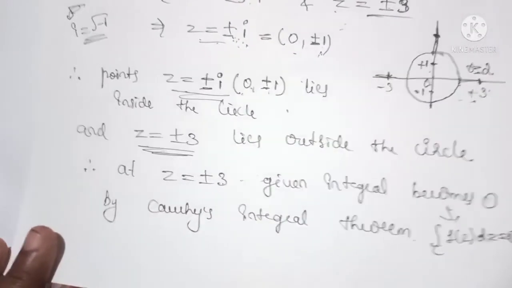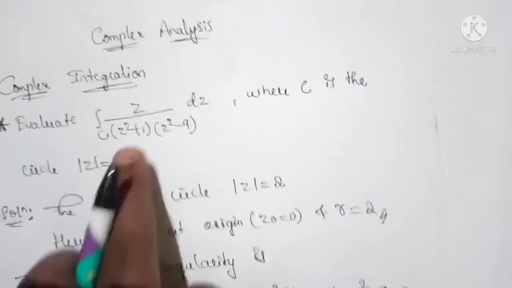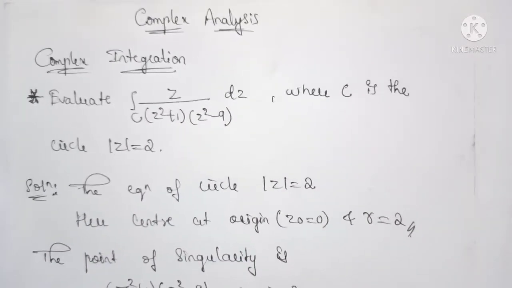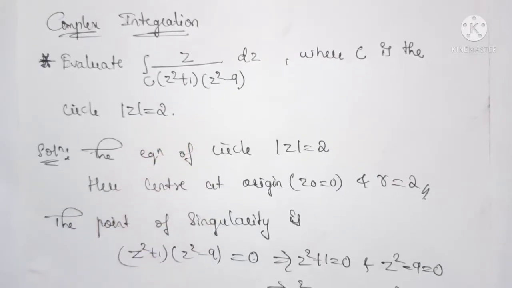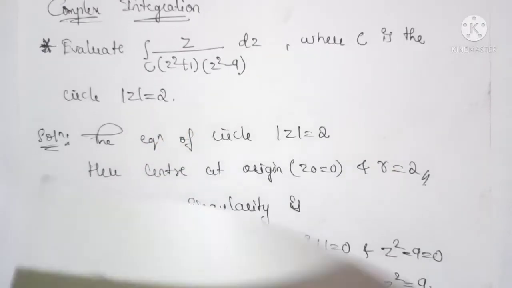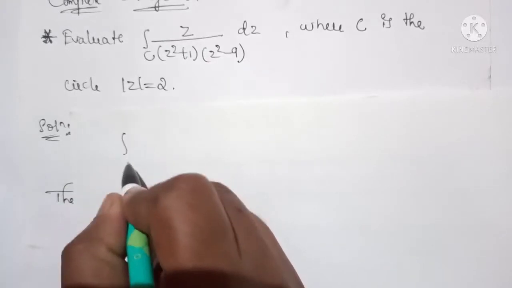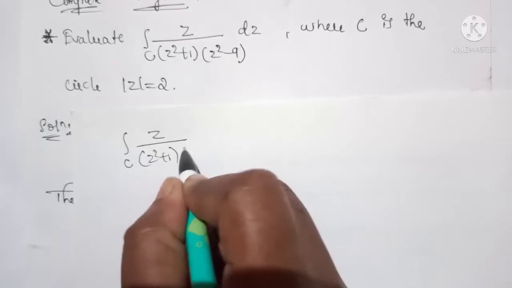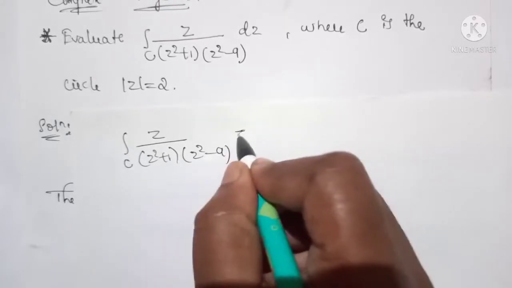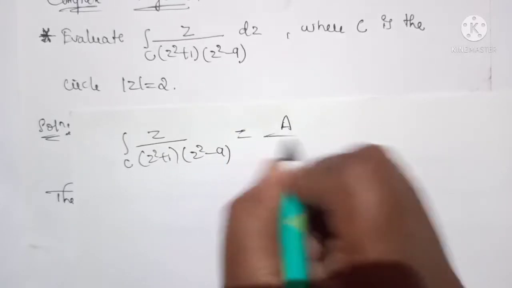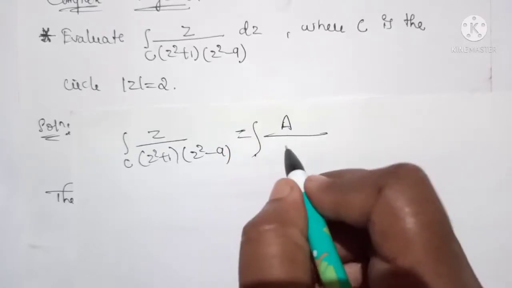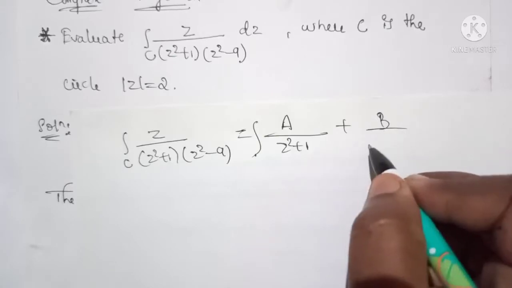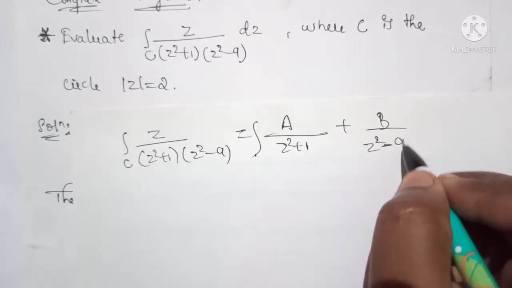Okay, so on resolving into partial fractions, the given integral z divided by (z square plus 1)(z square minus 9) can be written as a divided by (z square plus 1) plus b divided by (z square minus 9).